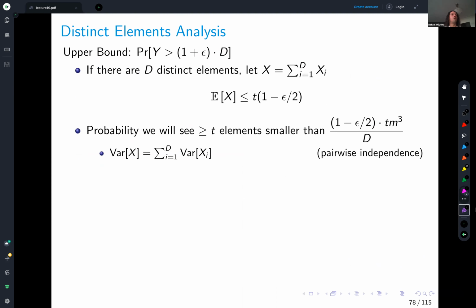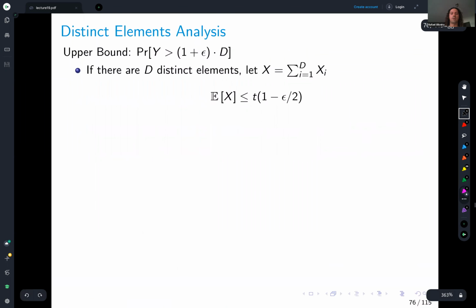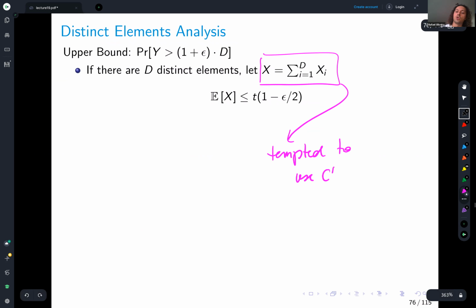Now, remember, we have a 2-strongly universal hash function. Once we see this, and some people asked me in office hours, you may be tempted to use Chernoff. Can I use Chernoff here? The answer is no, we cannot use Chernoff.